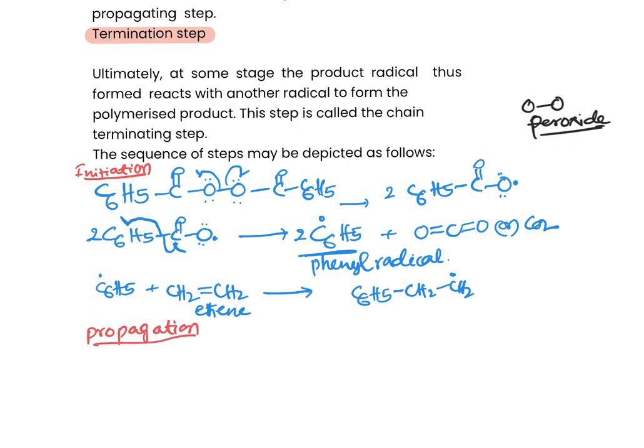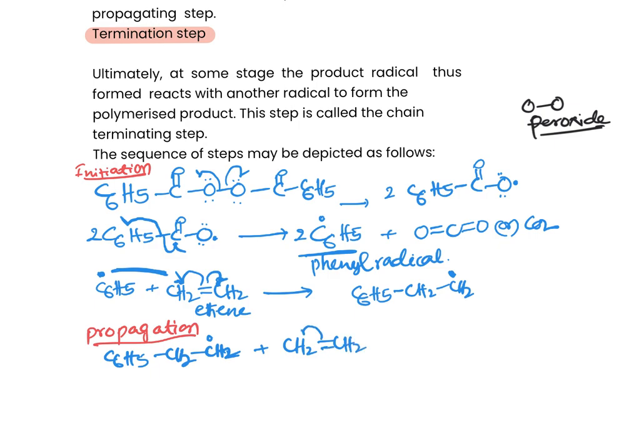In this propagation step, we have another ethene molecule and C6H5CH2CH2 free radical. How is this free radical forming? Here also the pi bond undergoes homolytic cleavage. Then this free radical and this free radical combine to form a bond. Then this free radical remains, therefore here an unpaired electron. This unpaired electron reacts with CH2 double bond CH2.